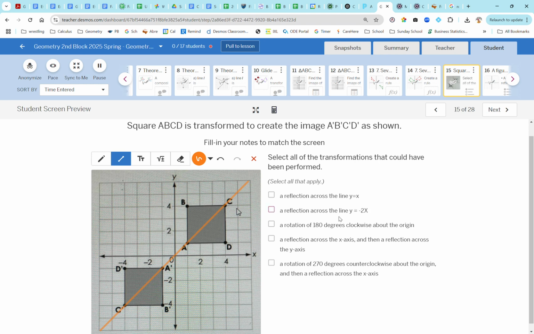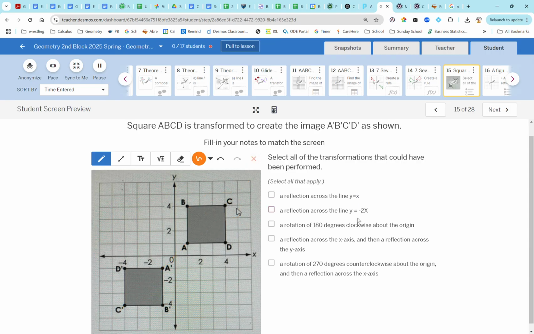So if we reflect it this way, our image is going to flip like this or like this. So really all that's going to do is get B and D to exchange places up here, and there's no way that we can reflect it to get this new square down here. So no on the across the line y equals x.